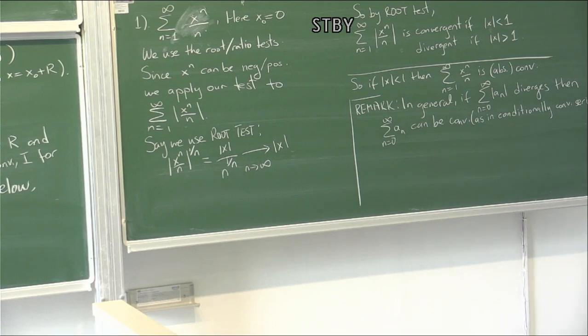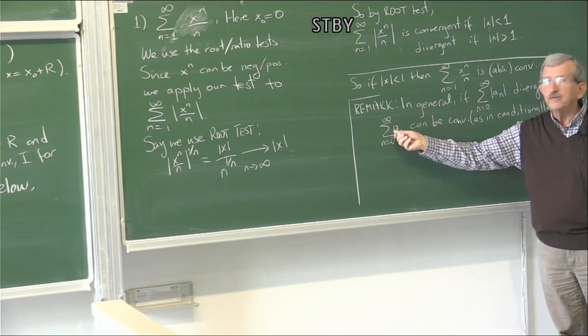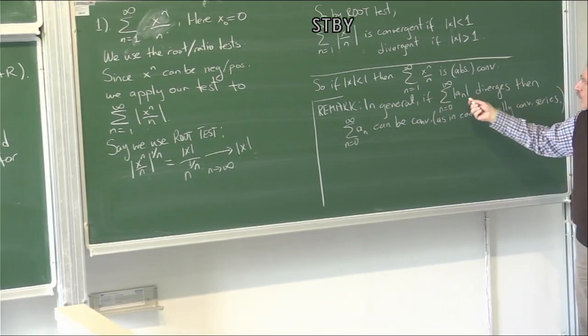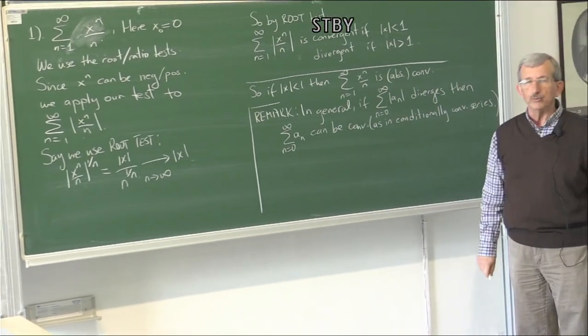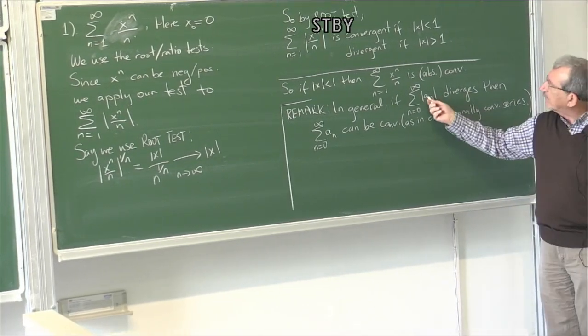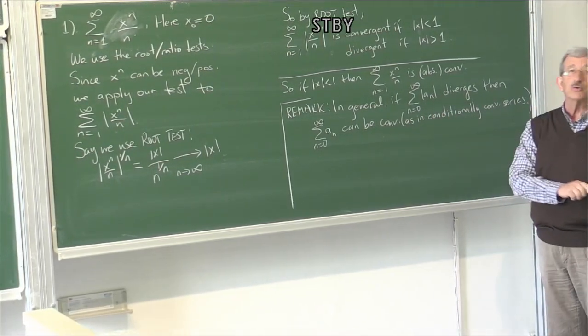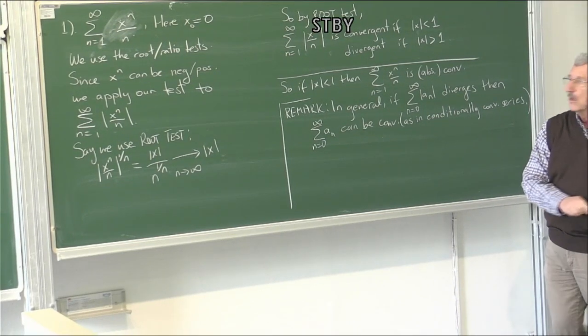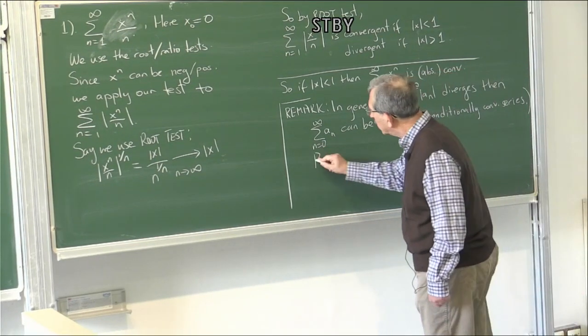For a conditionally convergent series, the series is convergent. With absolute value, it is divergent. So we cannot say that if this is divergent, this one is also divergent.